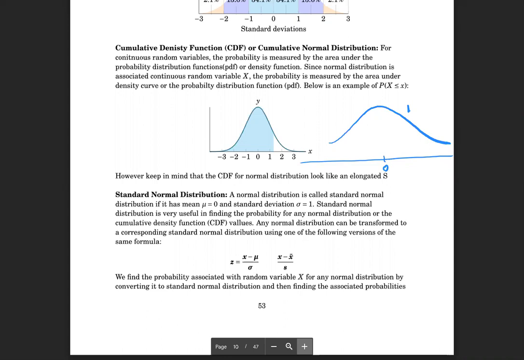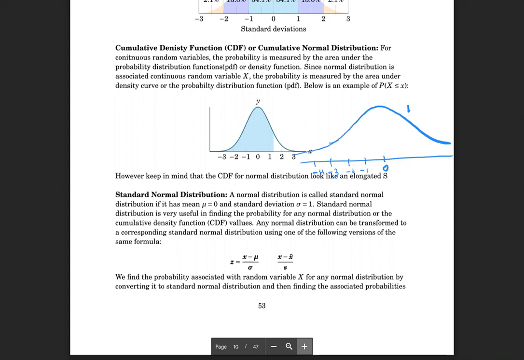Okay. Now look, let's say you're here, here, here, here: 1 standard deviation, -1, -2, -3, -4.